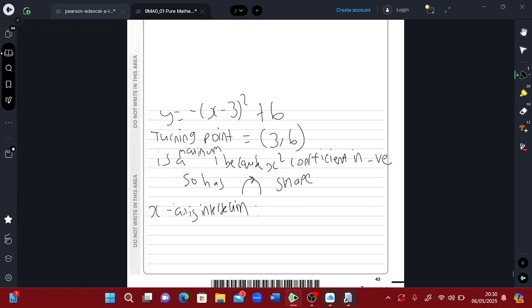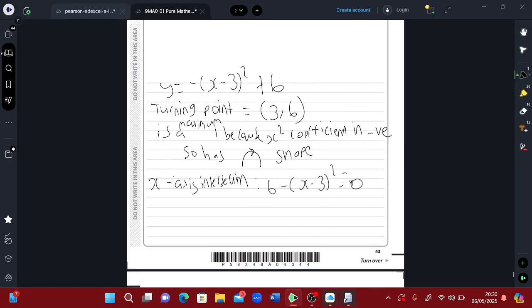So when it crosses the x-axis, you want to solve y equals 0. So that comes from 6 minus x minus 3 squared equals 0. Then you just have to expand it, unfortunately. So you'd get minus x squared, then minus 6x, but that's a negative up there, so it'd be plus 6x.